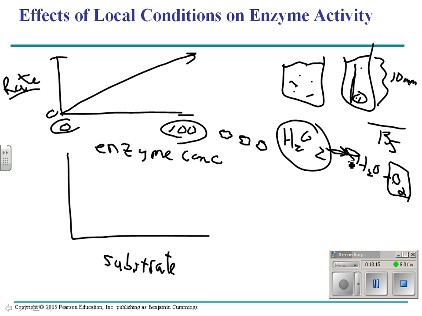Okay, so rate and substrate concentration, 0 to 100, well, it's actually 3%, but 3% is as concentrated as we could get. What'd the graph do? Essentially this again. Why? Opposite reason.